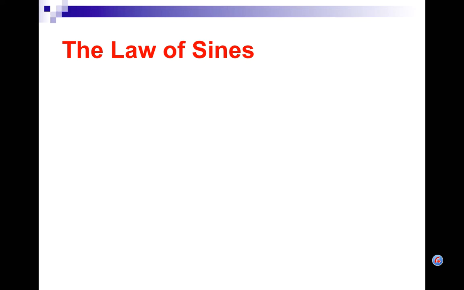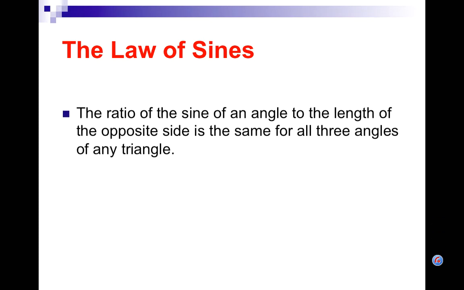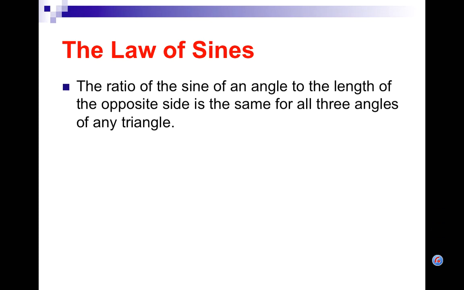The law of sines is actually a very easy one to memorize. And what it says is the ratio of the sine of an angle to the length of the opposite side is the same for all three angles of any triangle.